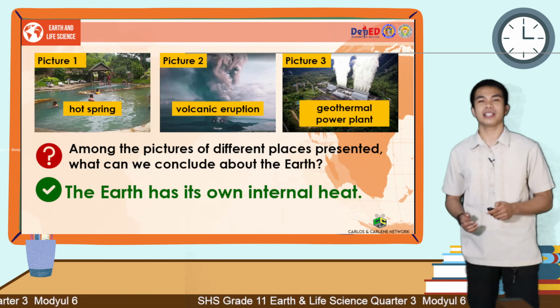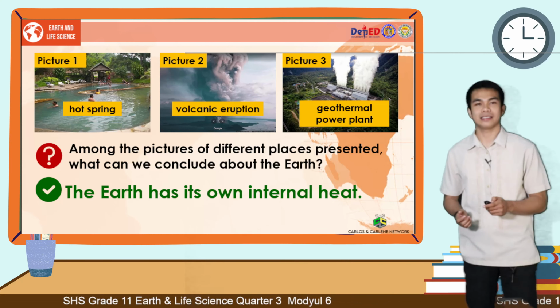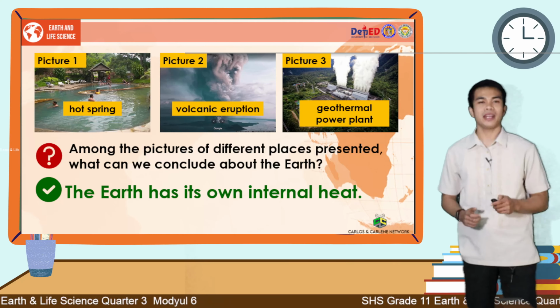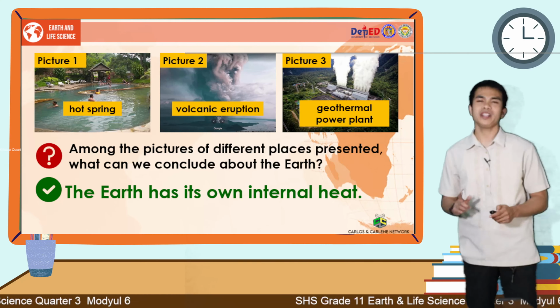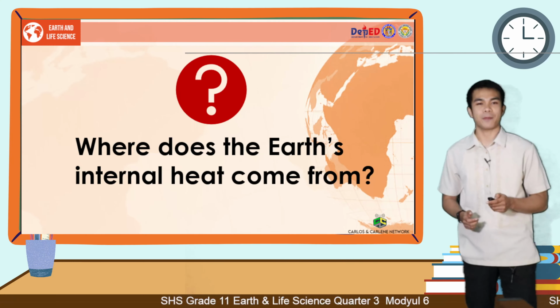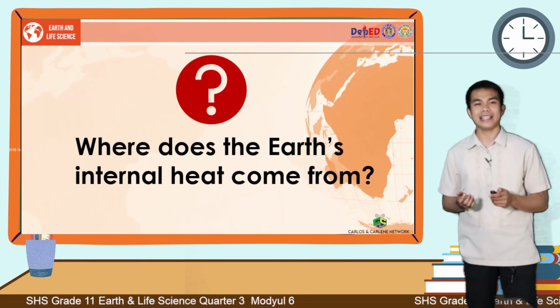Alright, very good. We can conclude that the Earth has its own internal heat. But there is a big question. And what is that question? Where does the Earth's internal heat come from? Let us answer this question through an exciting activity.